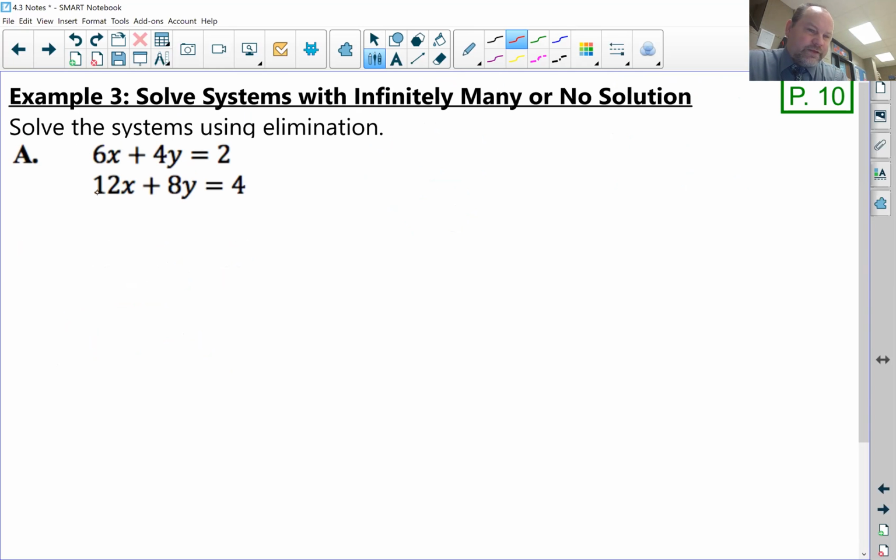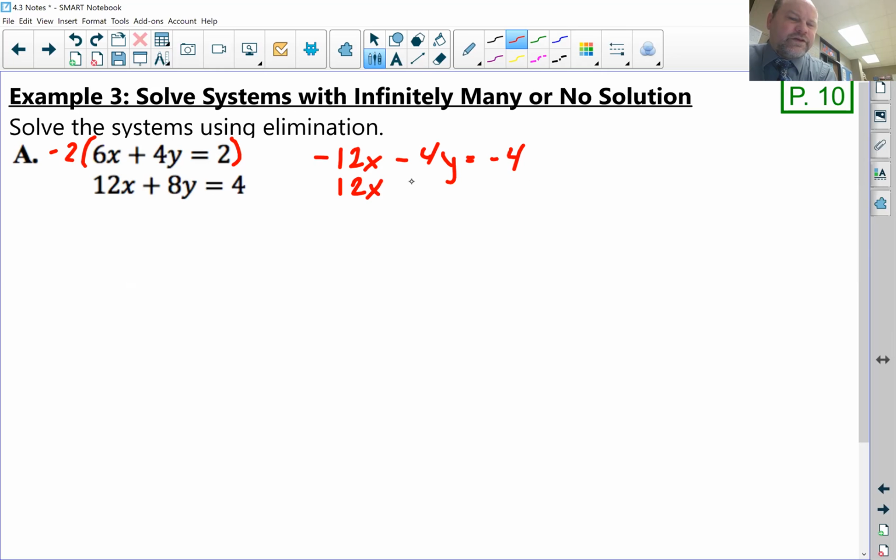I can get my x's to be exactly the opposite if I multiply my top equation by -2. Multiplying through by -2, I get -12x minus 4y equals -4. And my other equation stays the same.